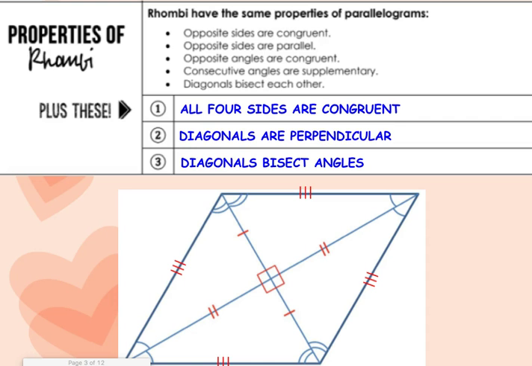So what makes a rhombus are these three properties. All your sides are equal. Your diagonals are perpendicular. And your diagonals bisect your angles.